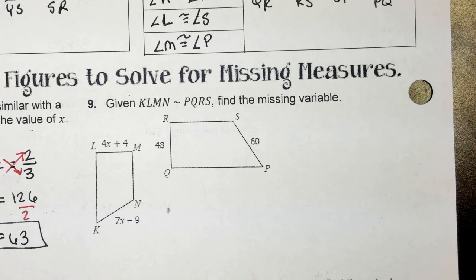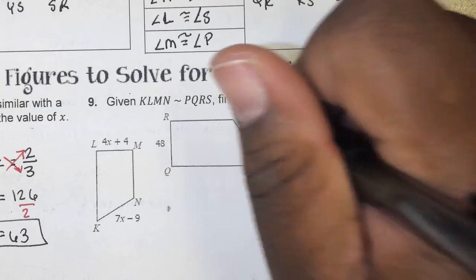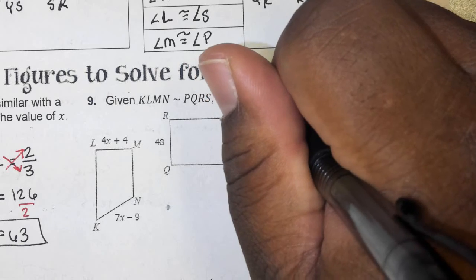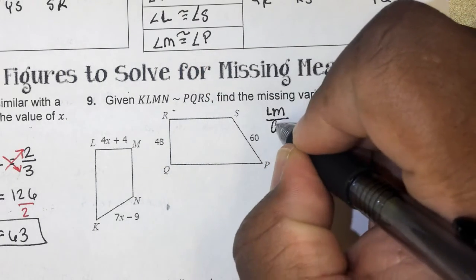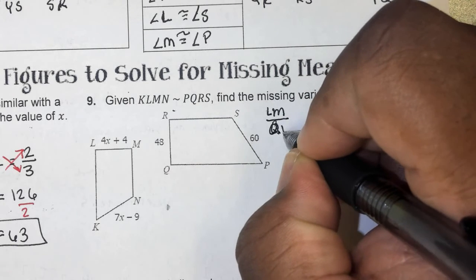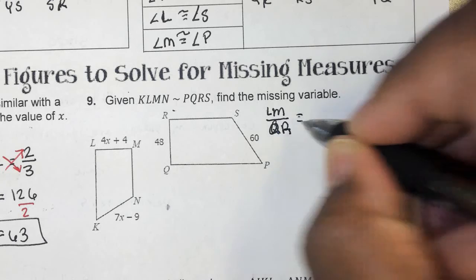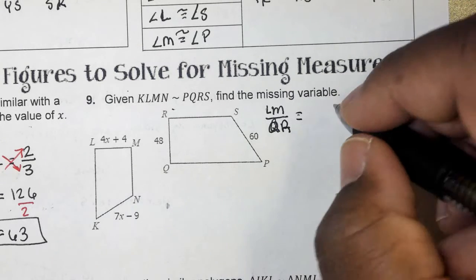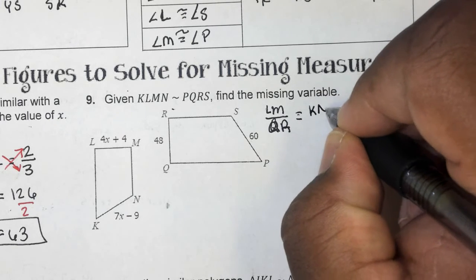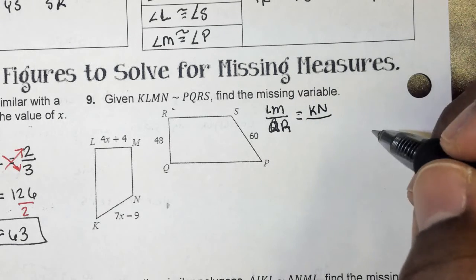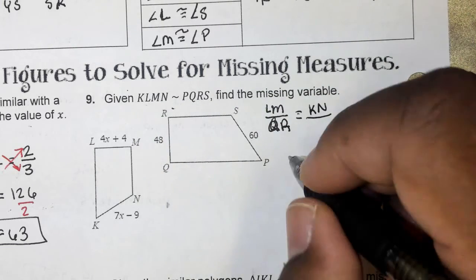Like on the first figure, they give me LM, and LM goes with, based on my statement, QR. And then I can set that equal to KN, which was that other expression. And KN matches up with PS based on the statement.